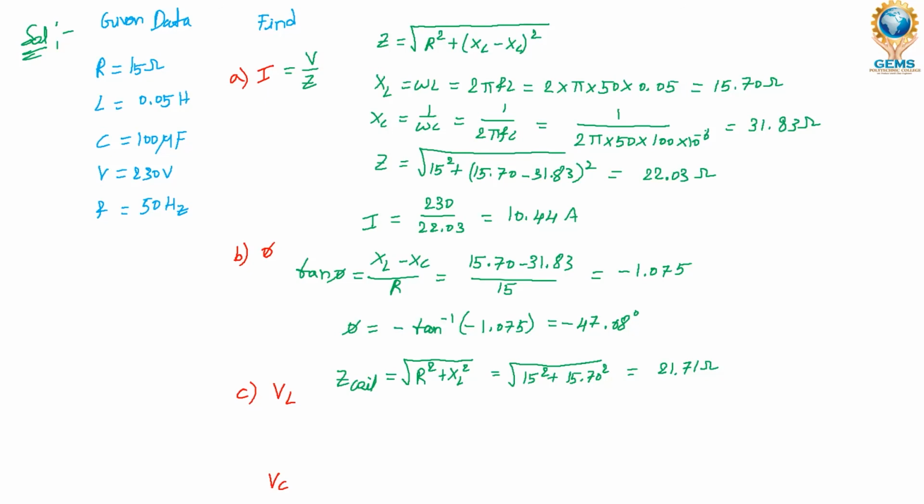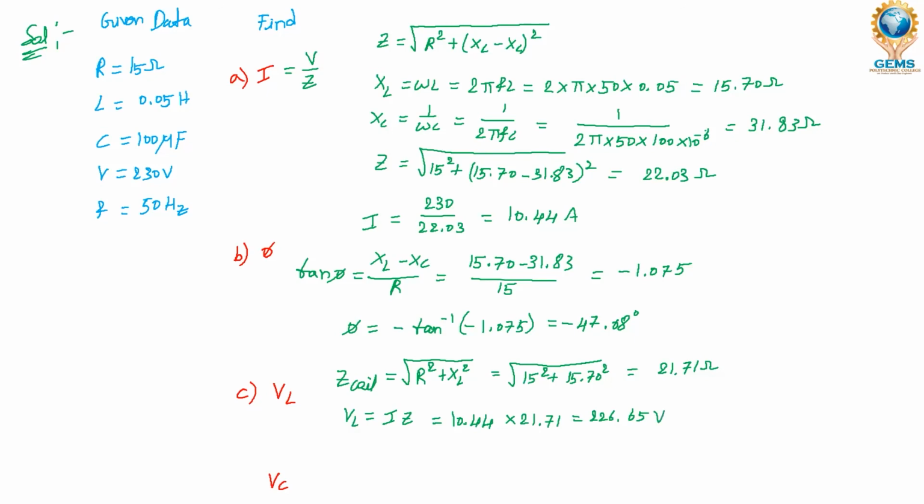From this, VL equals I into Z of the coil. We have current 10.44 multiplied by impedance 21.71 equals 226.65 volts.